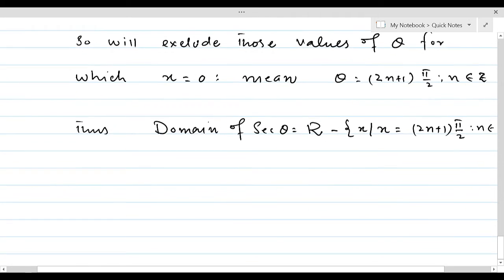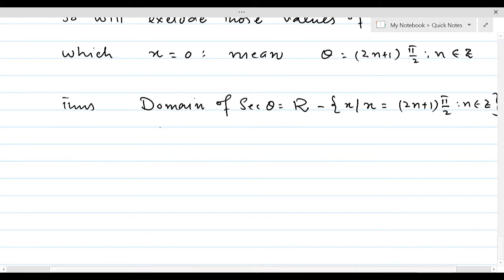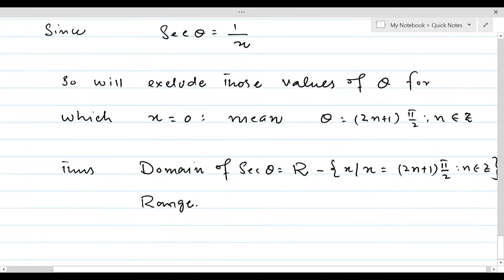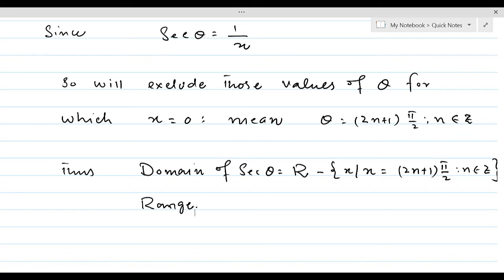And similarly, now if we want the range, if you take a look at the definition of secant theta, the values of x are always going to be within -1 to +1.